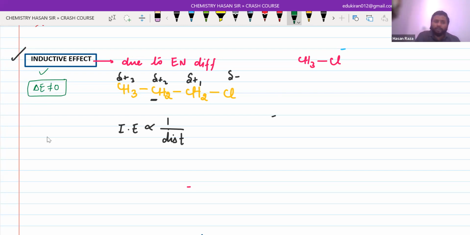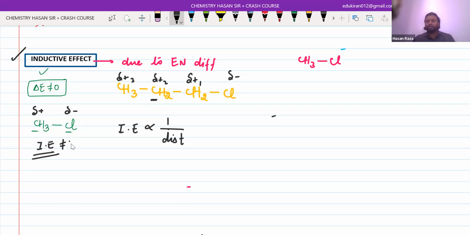As for example, this is CH3Cl. That means carbon is connected to chlorine directly, and chlorine is more electronegative than carbon. So chlorine will have delta negative and carbon will have delta positive. There is polarity in this bond, and hence this is called the inductive effect.